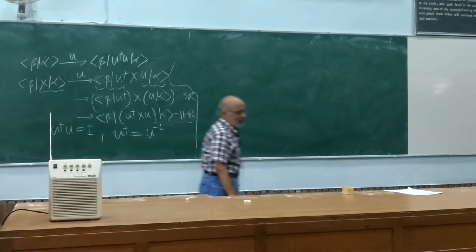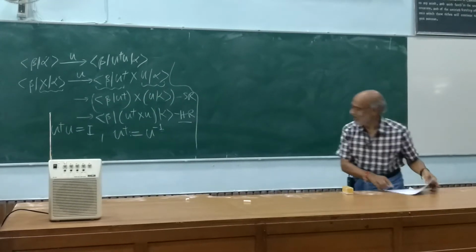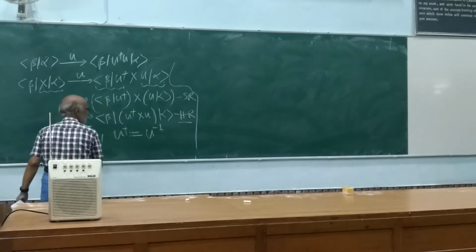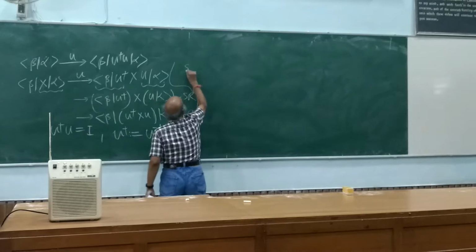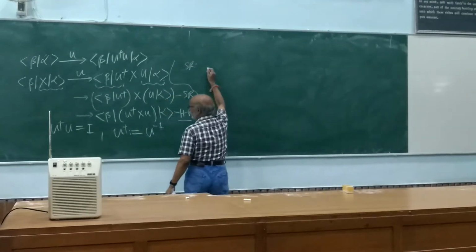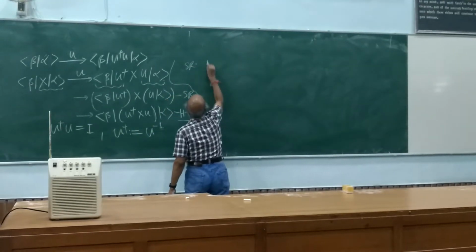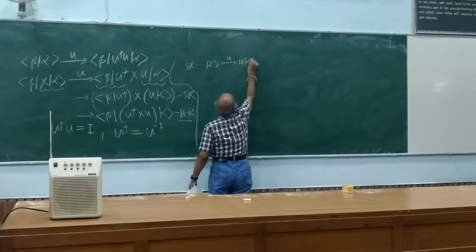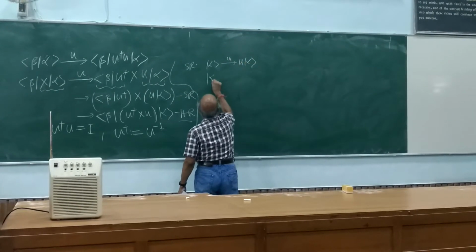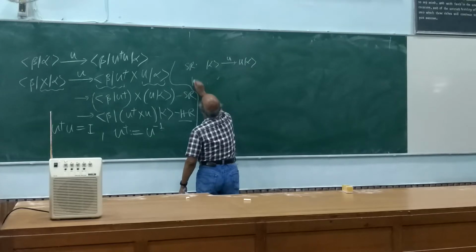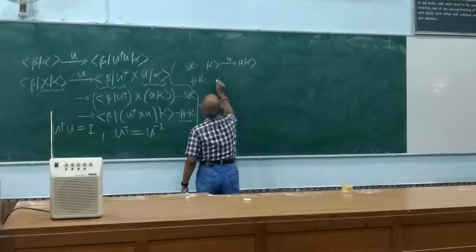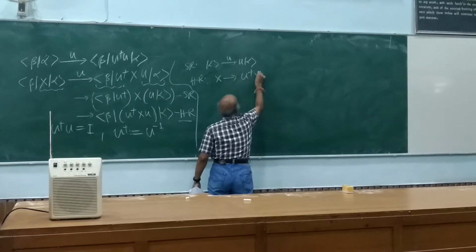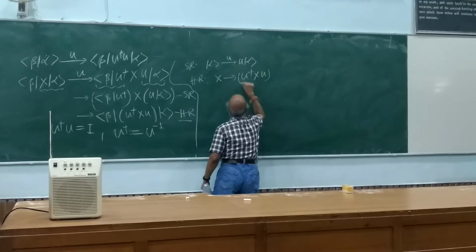So that is the main idea, and this first approach is called the Schrodinger representation, where your alpha goes to U alpha, and in the Heisenberg representation, your operator X goes to U dagger X U.